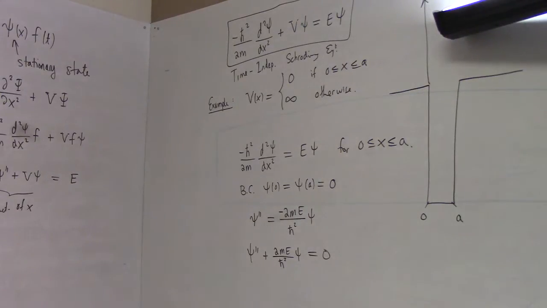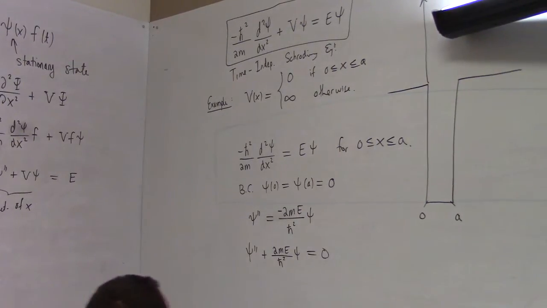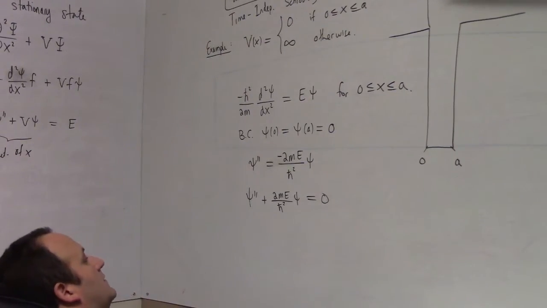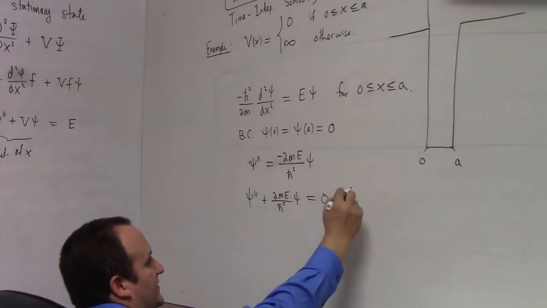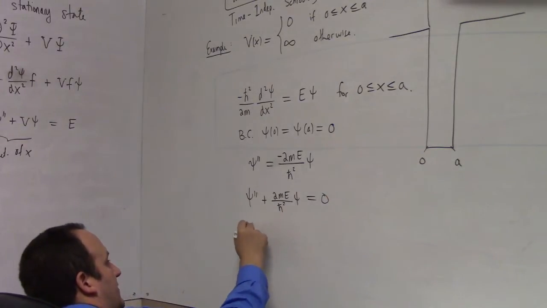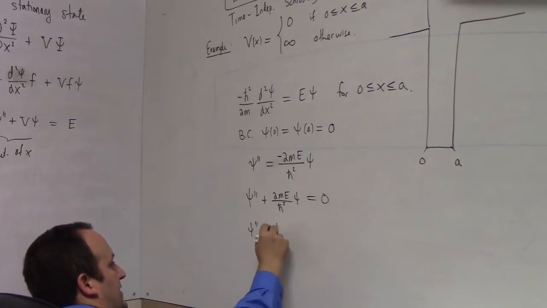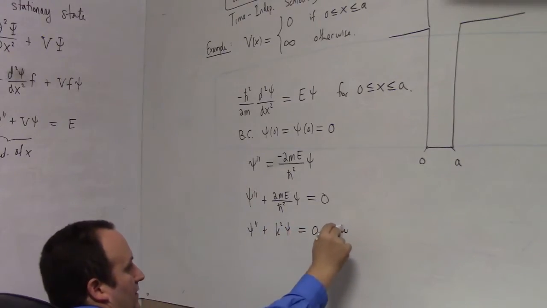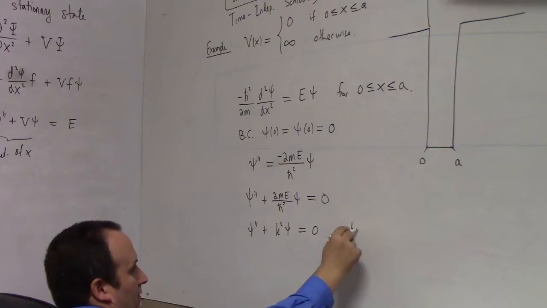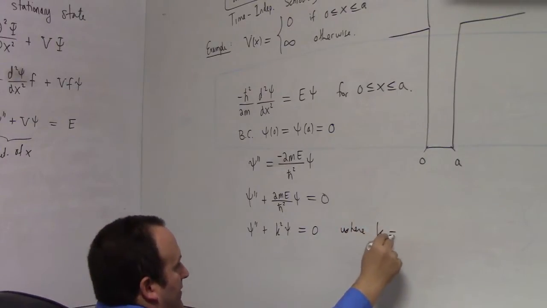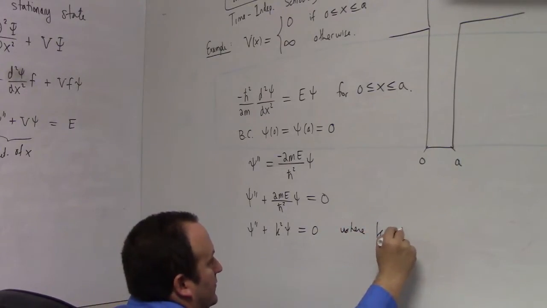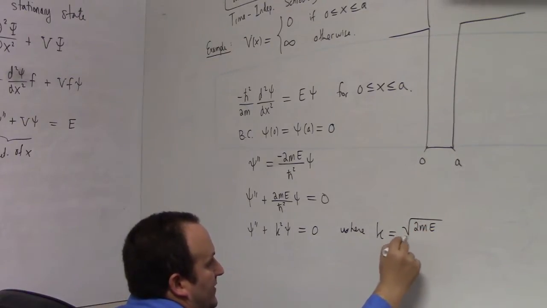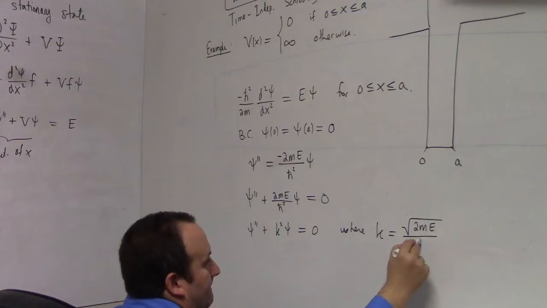So this is what? Basically you were looking at psi prime prime plus, let's say, k squared psi equal to 0, where your k is the square root of 2 times mass times the energy divided by h bar.